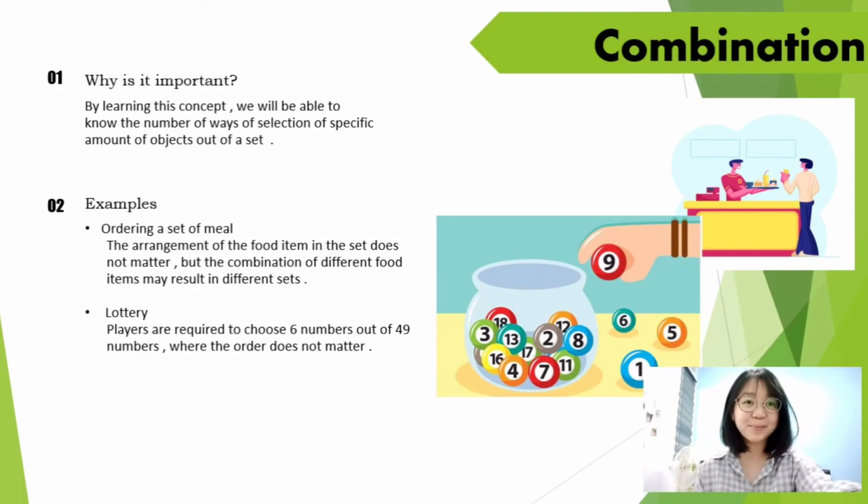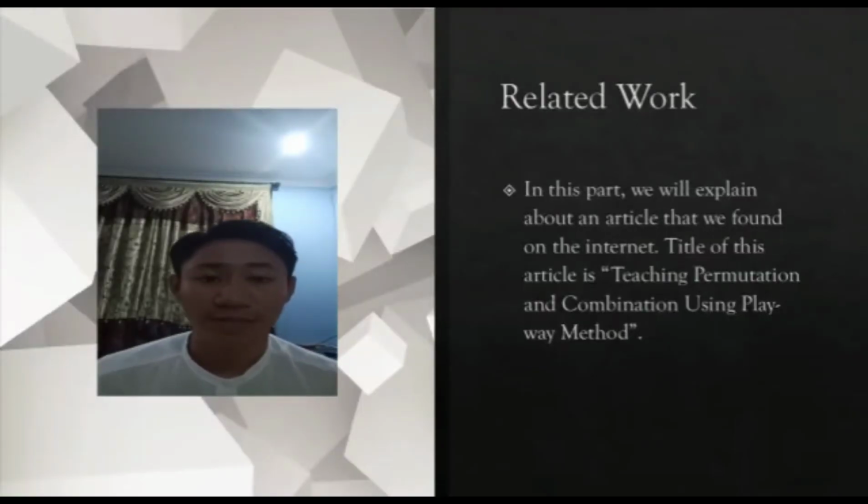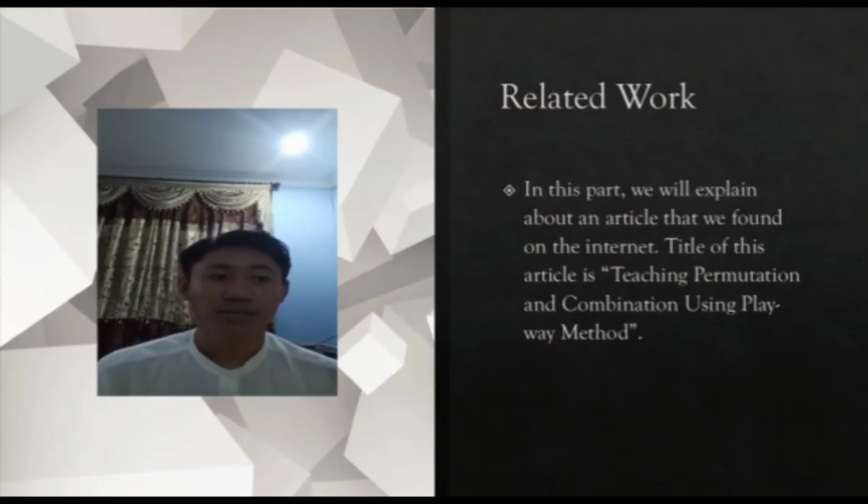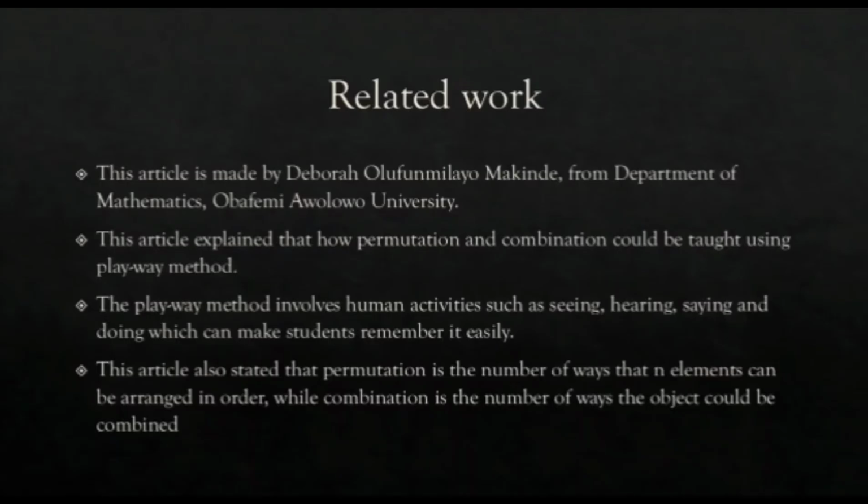Thank you. Hello, my name is Izzat Hakim, and I will explain an article that we found on the internet. The title of this article is Teaching Permutation and Combination Using Playway Method. This article is by Deborah Olufun Milayo Makinde from the Department of Mathematics, Obafemi Awolowo University.